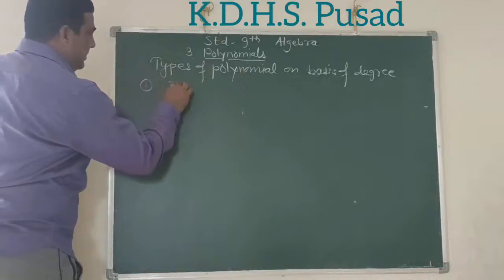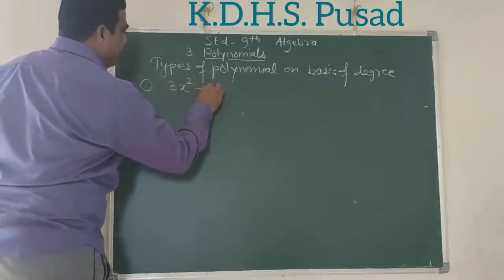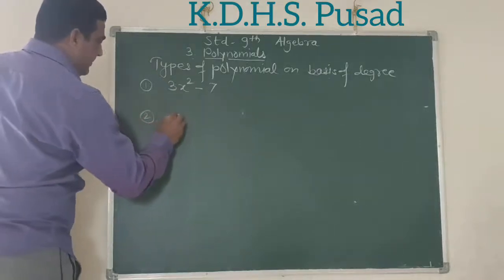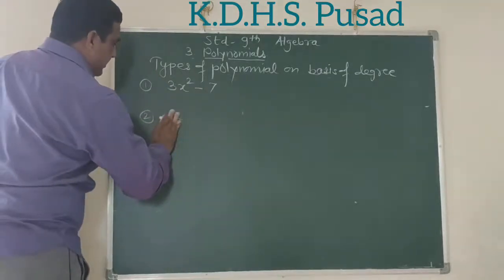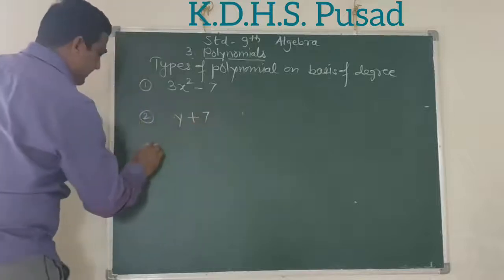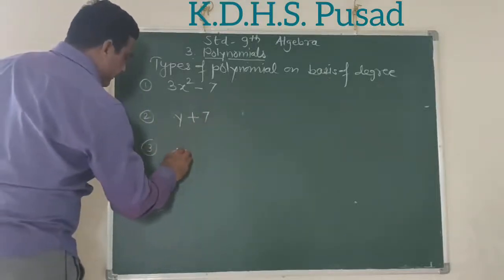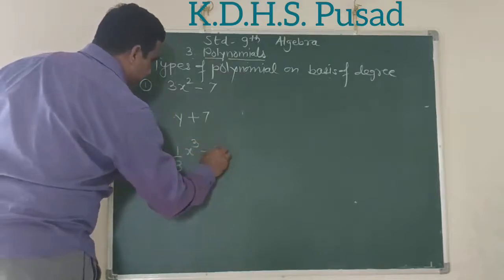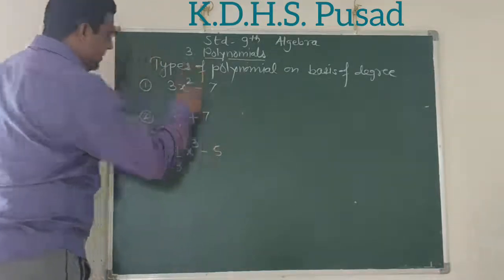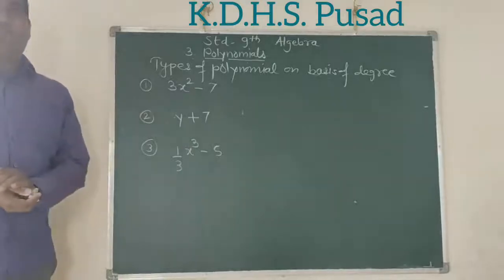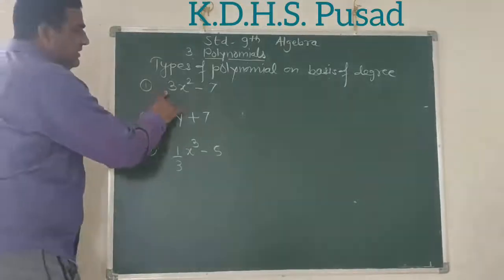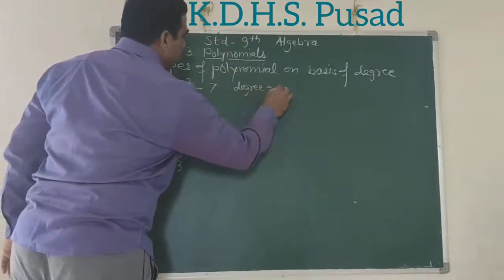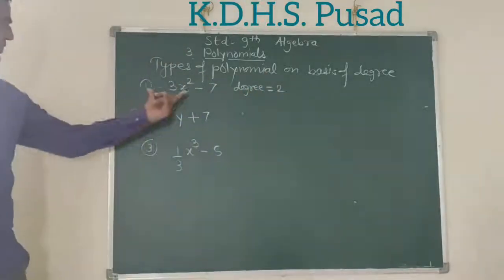First example, 3x square minus 7y plus 7, and 1 by 3 x cubed minus 5. Now for the first example, what is the degree? Degree is 2.